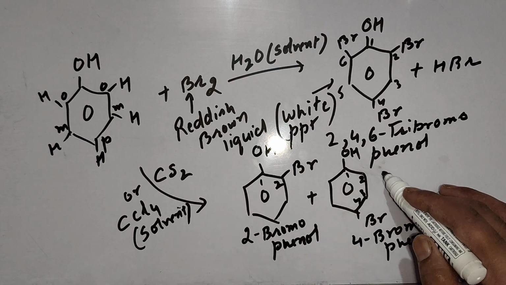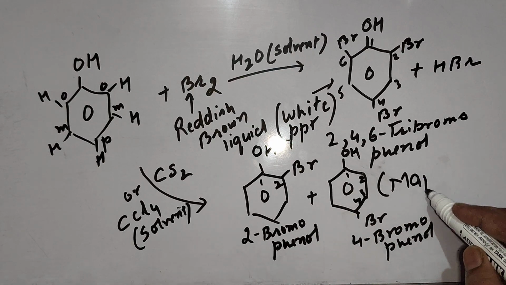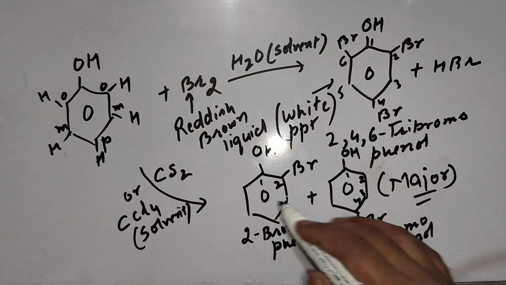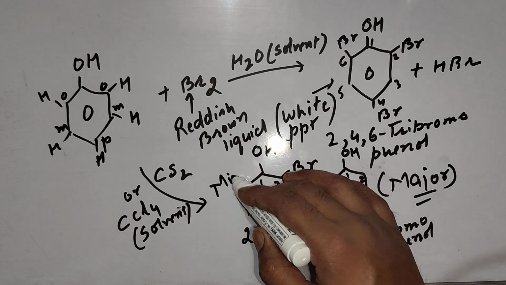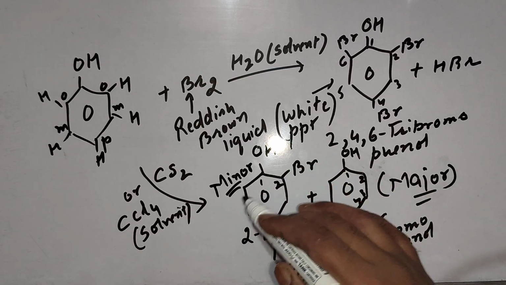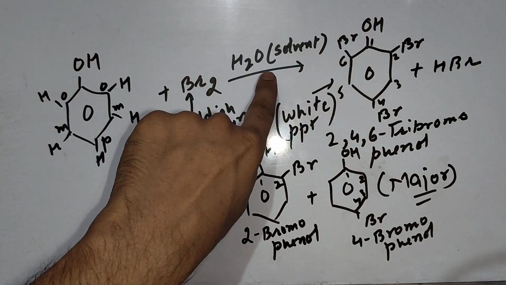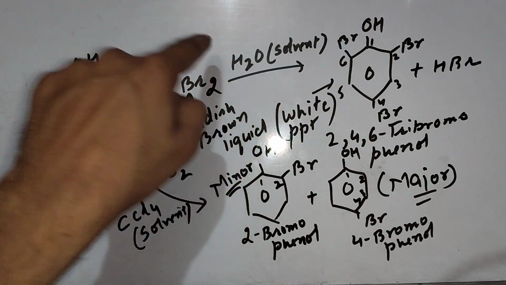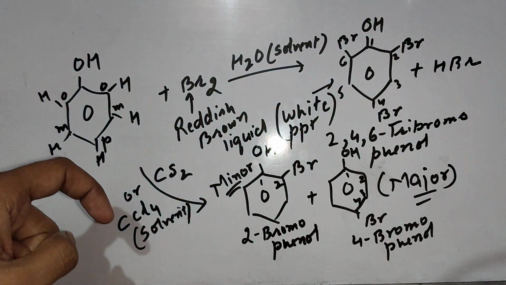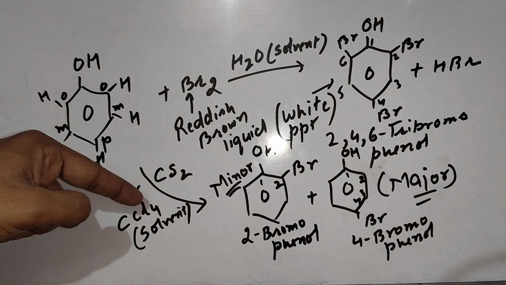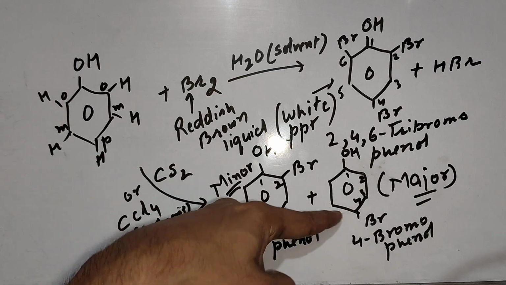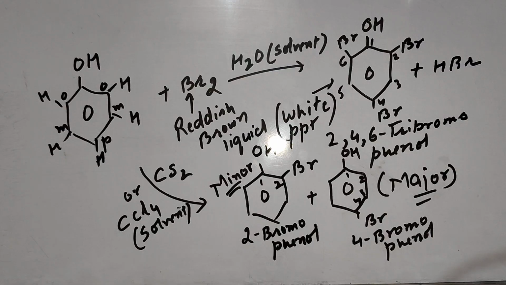Out of these two, para will be major, reason we have already discussed many times, and ortho will be minor. So this difference will be created by our solvents. If water is a solvent, tri-substitution will happen, and if CS2 or CCl4 is the solvent, we will have mono-substitution and the product will be these. Let's check the reason behind it. Very, very important.